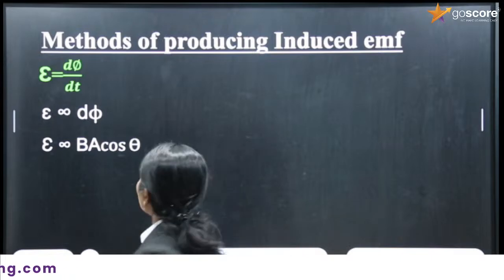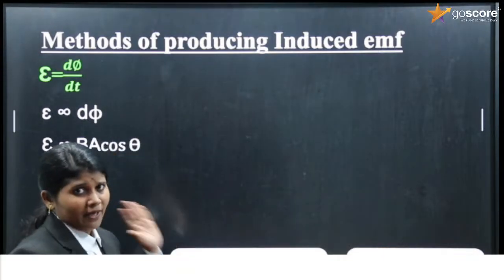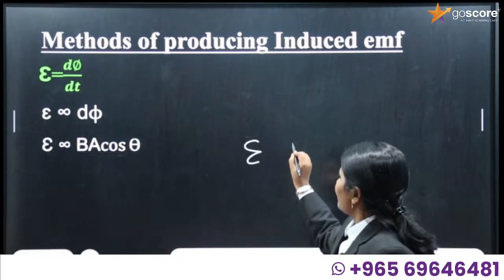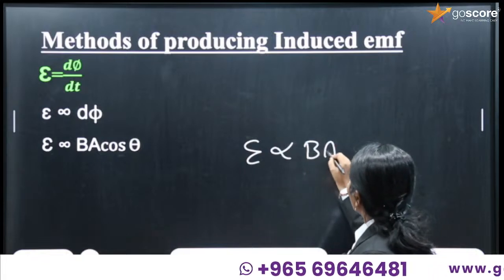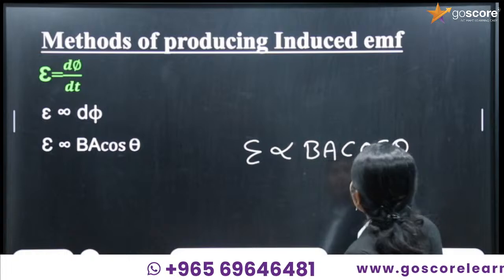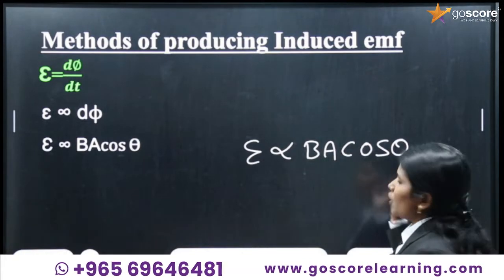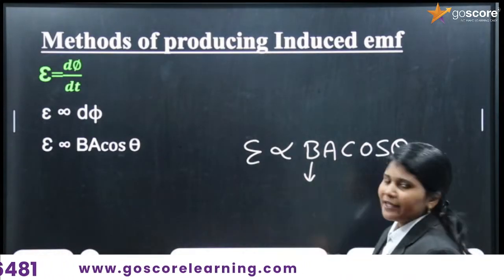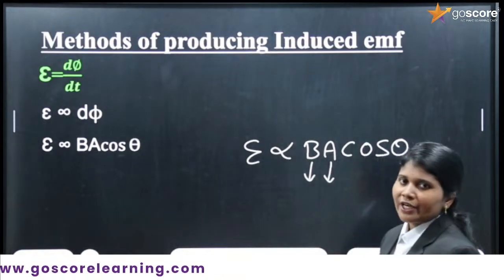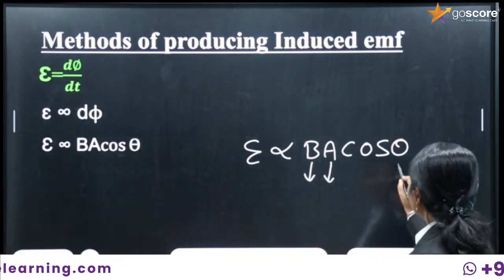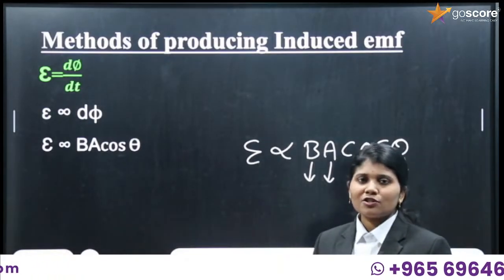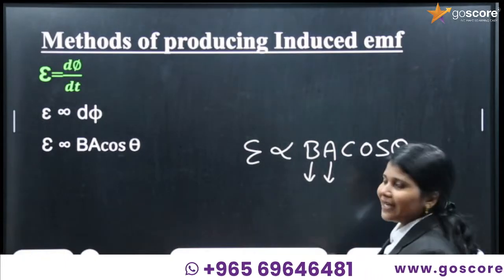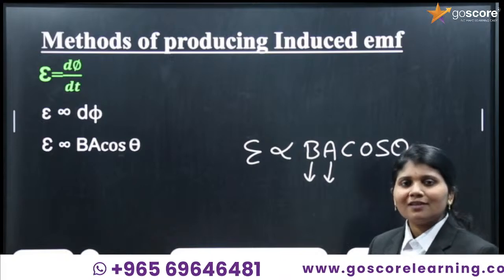Now, methods of producing induced EMF. We know that EMF depends upon BA cos theta. If the magnetic field changes, EMF will change. If the area changes, EMF will change. If theta changes, EMF also changes.